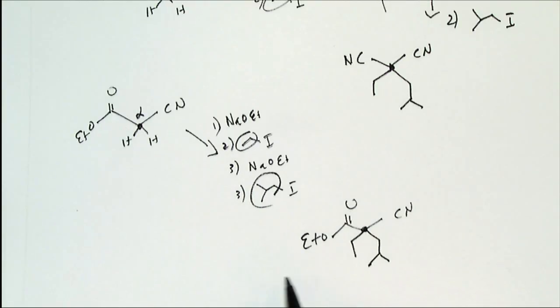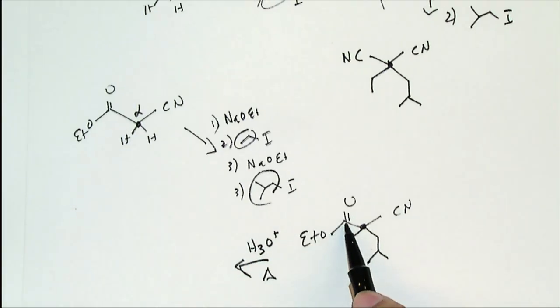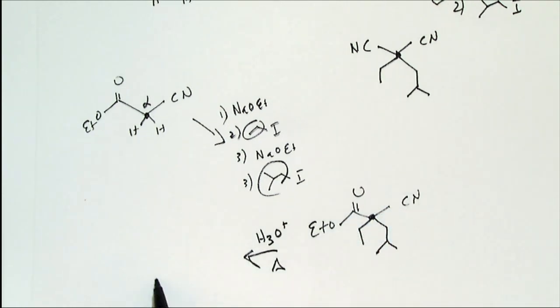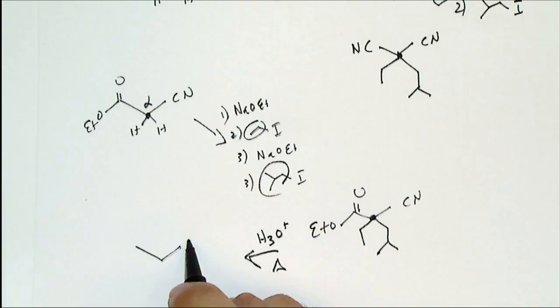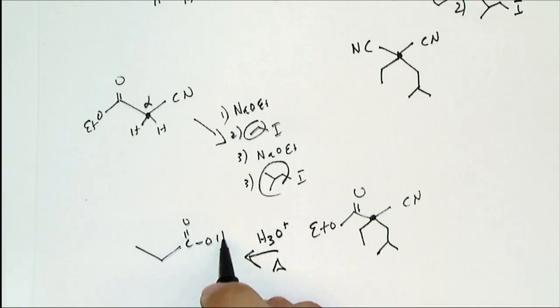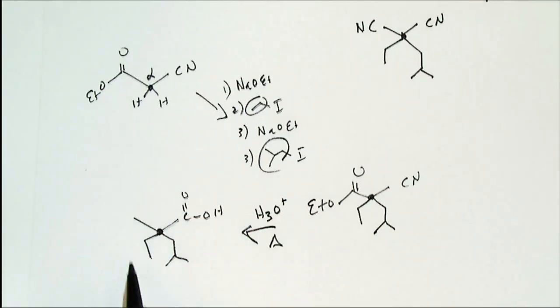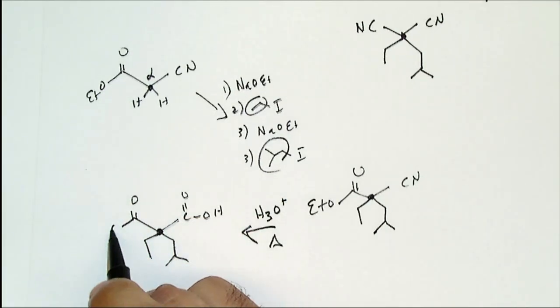So to go back then, if I were to add an acid and actually heat, then this ester will be converted to the acid, this nitrile to the acid. So I'll write it out so that we are reminded of that. There's the alpha carbon originally, 2 groups that were added. And so that ester is converted to an acid.